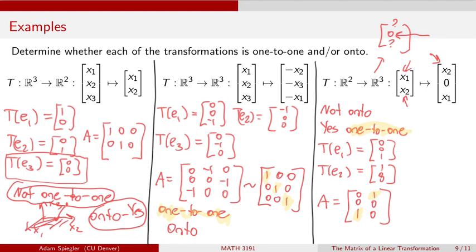Whereas the first case we looked at, which was not one-to-one, had a column that was missing a pivot. So let's write that observation down: if the reduced row echelon form of matrix A has a pivot in every column, then it's going to be one-to-one.